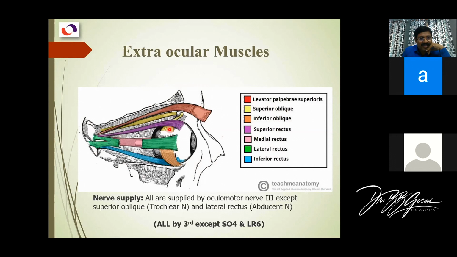This is the superior rectus, from the apex of the orbit to the eyeball. This is the inferior rectus. This greenish one is the lateral rectus. On the other side, you have to cut it to see the other side. So that is the medial rectus, on the medial side of the eyeball.